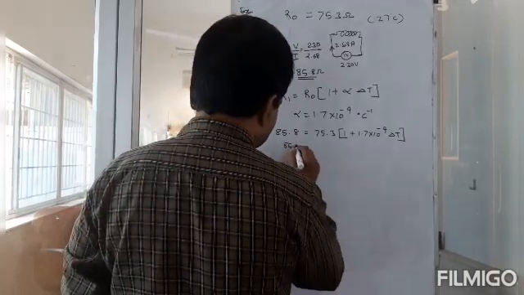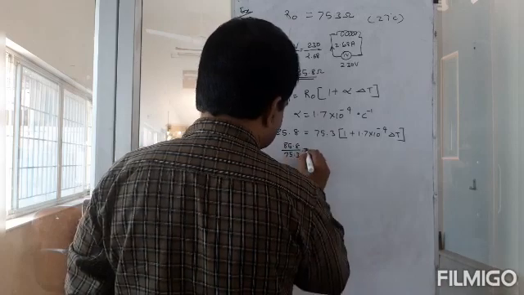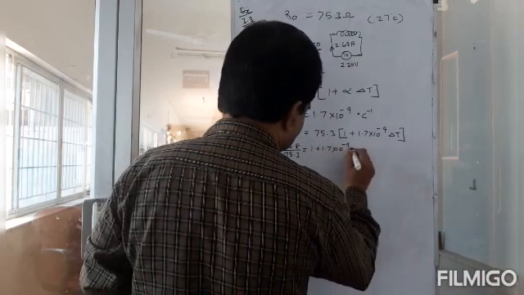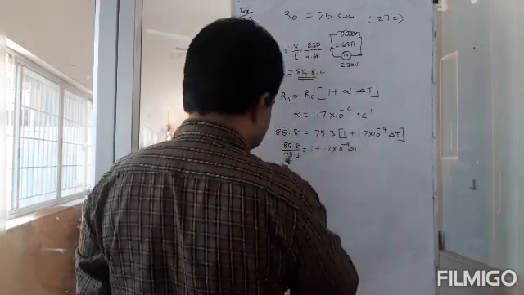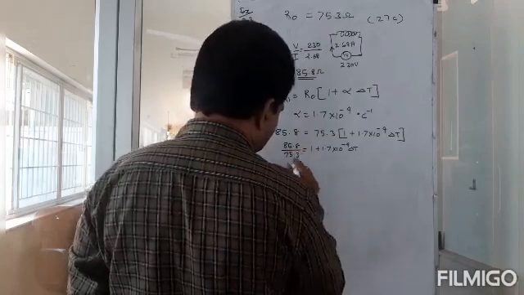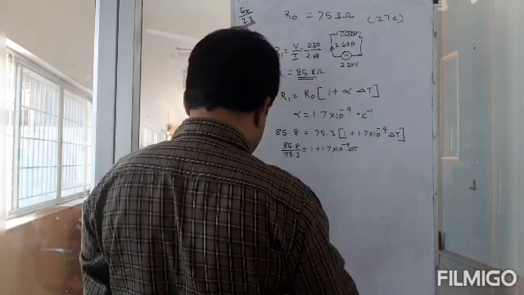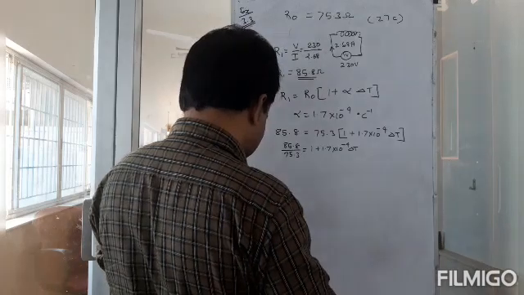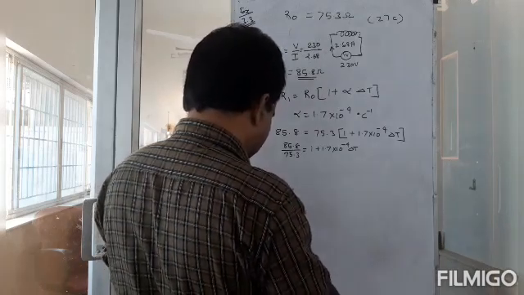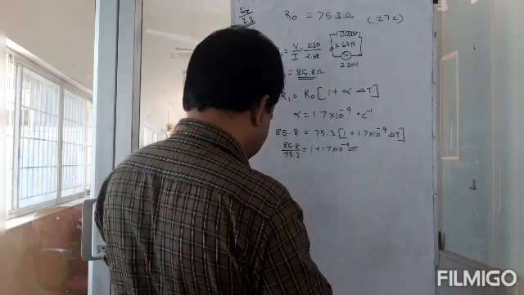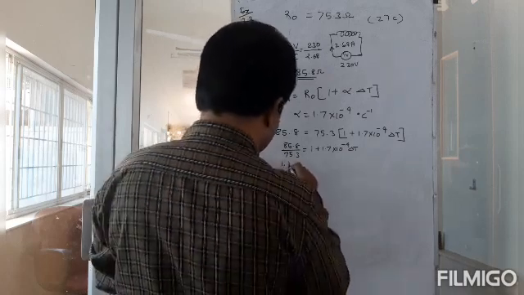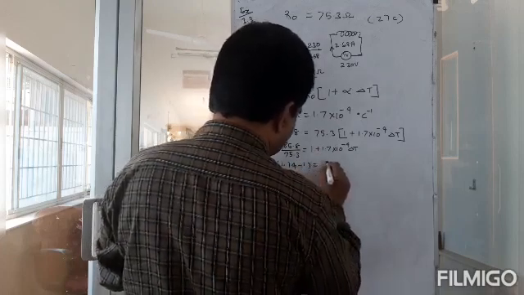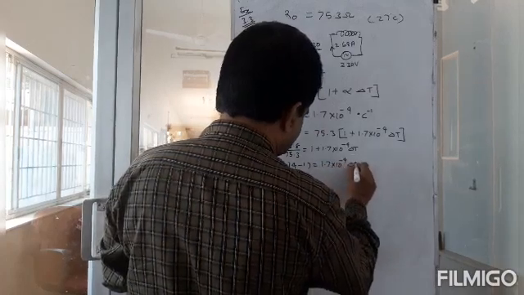So 85.8 by 75.3 is equal to 1 plus 1.7 into 10 to the power minus 4 delta T. From here, 85.8 divided by 75.3 gives me 1.14, and I subtract 1 from both sides, so 1.14 minus 1 equals 1.7 into 10 power minus 4 delta T.